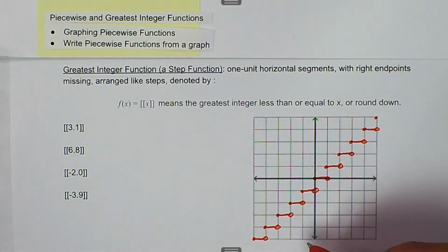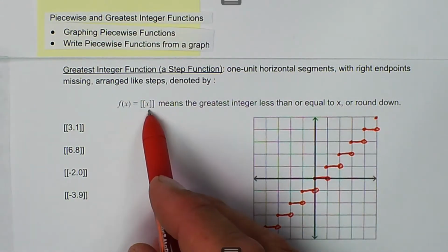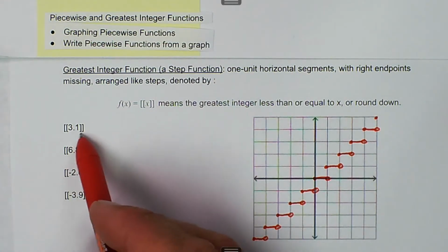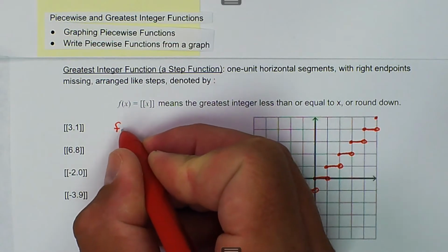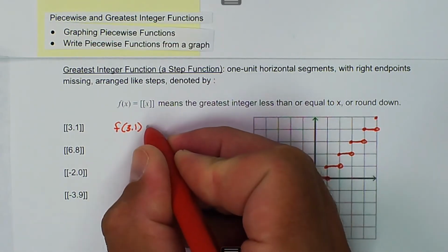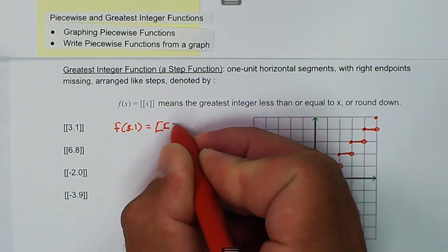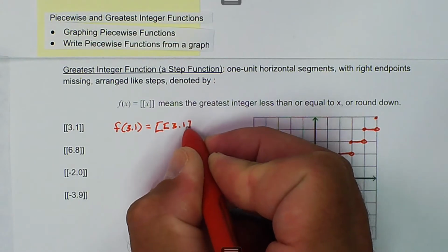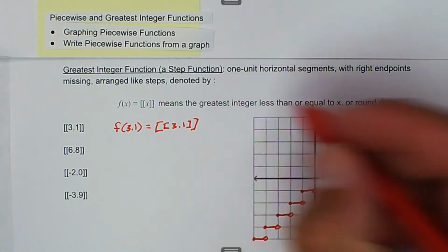And now we want to check the function f of x when we substitute in 3.1 for x. So the function evaluated at 3.1. We're substituting in 3.1, and we want to round down.